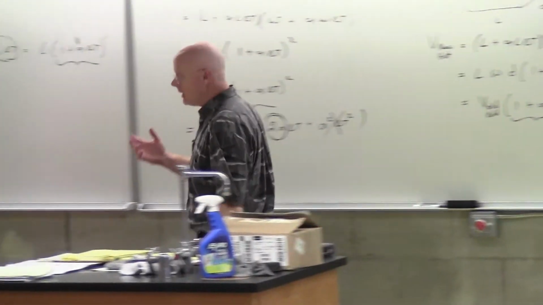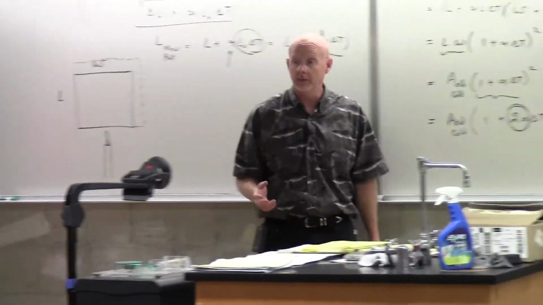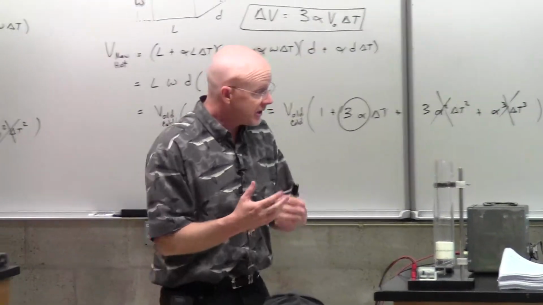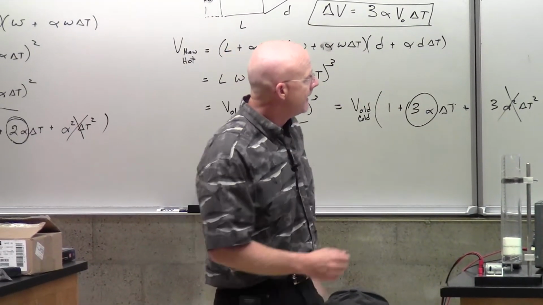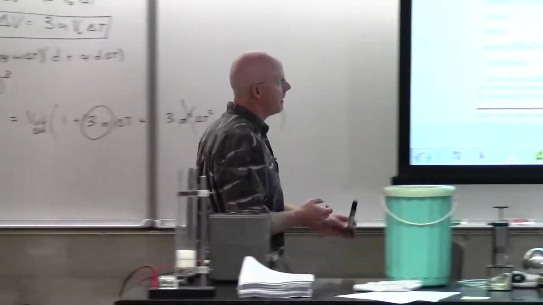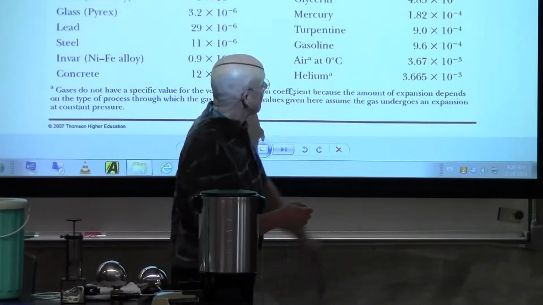And that's really the key to that homework problem, is to realize that they're going to give you, or you're going to look up, the beta for, I think that homework problem is mercury. I can't remember now if it's a mercury thermometer or an alcohol thermometer.